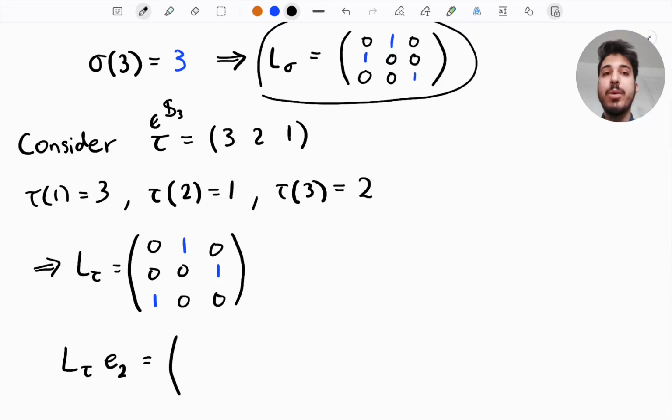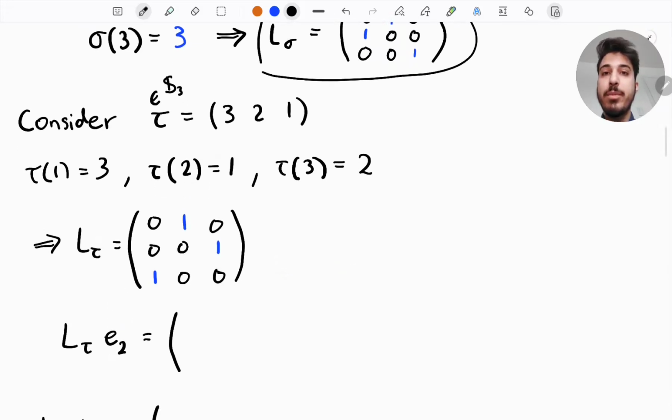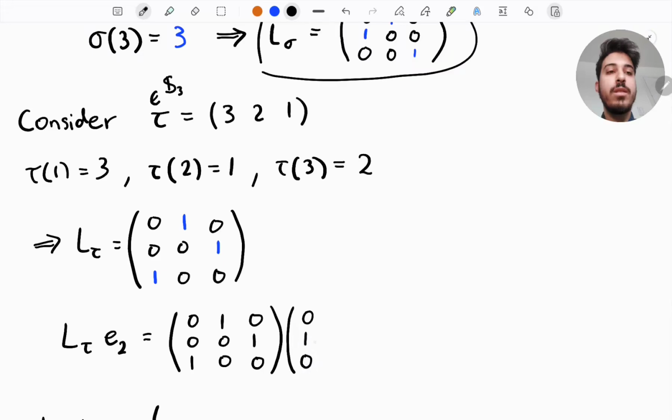To see what L tau does to the second element, so tau of 2, consider the permutation matrix L tau multiplied by the vector E2. If we multiply L tau by E2, we will expect to have E1, since 2 is being sent to 1.